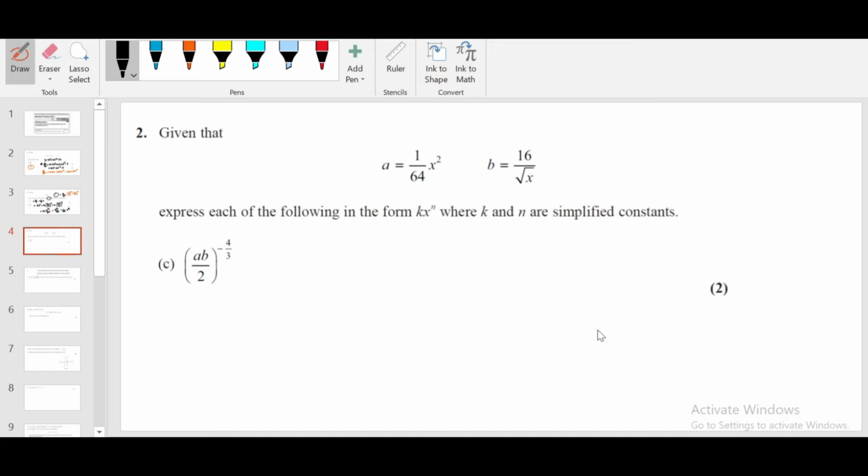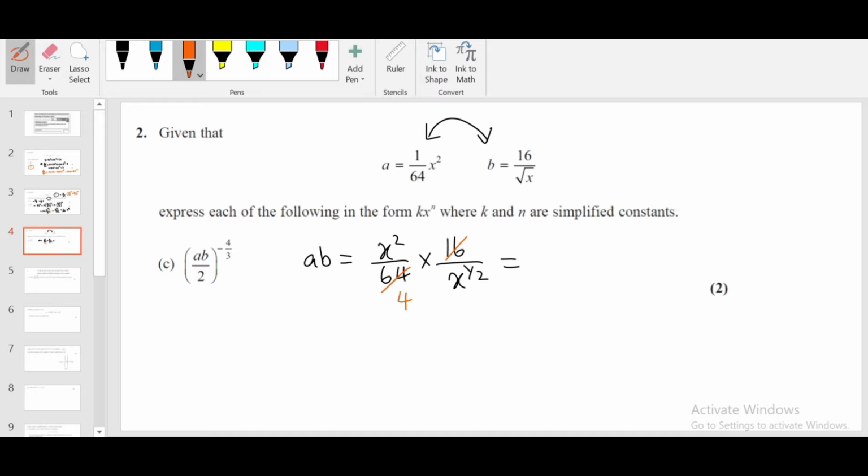Part C, you have ab over 2 to the power minus 4 over 3. So let's find a times b first. ab is equal to x squared over 64 times 16 over x power half. You cancel this, put it in your calculator, you will get 4, since 4 16s are 64. So you will get x power 2 minus half, divided by 4, which is x power 3 over 2 by 4.